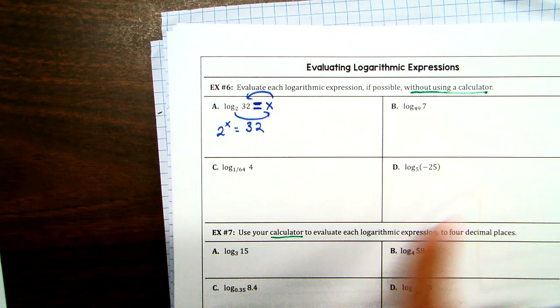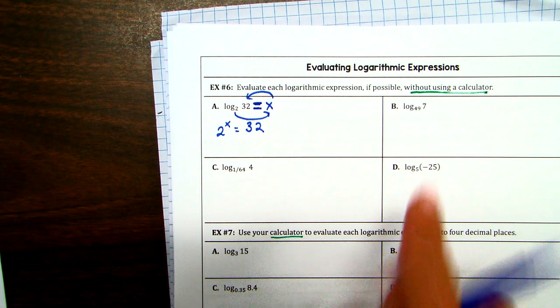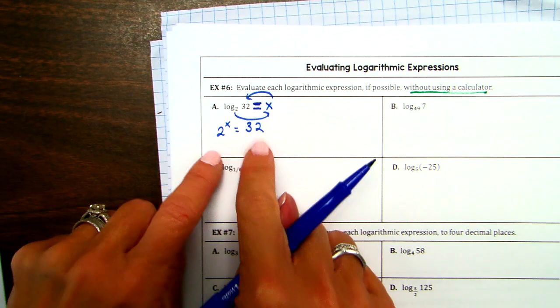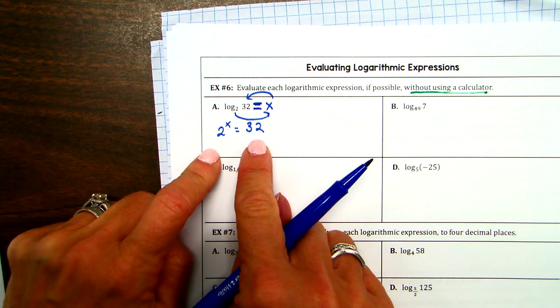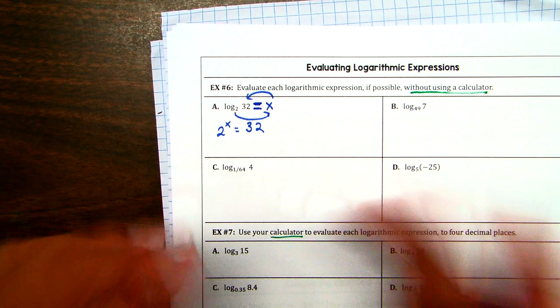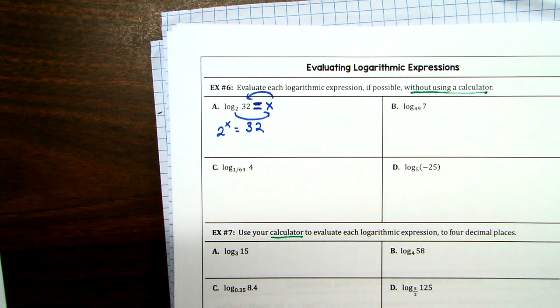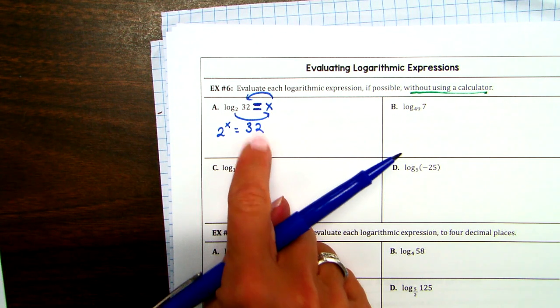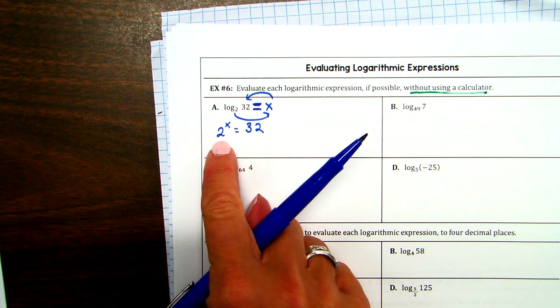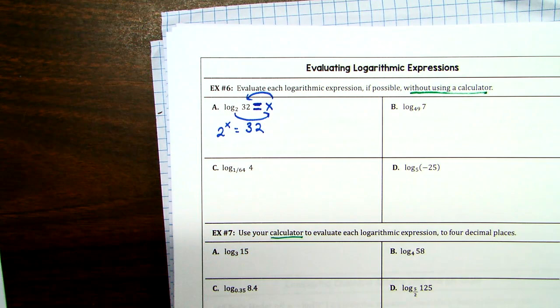And when it's asking you to do it by hand, in other words, without a calculator, the two numbers you get should be able to be changed into the same base. In other words, we should be able to change 2 into a base 32 or 32 into a base 2. Okay, so you may not know that 32 can be changed to a base 2, but it can if you're being asked to do this without a calculator.